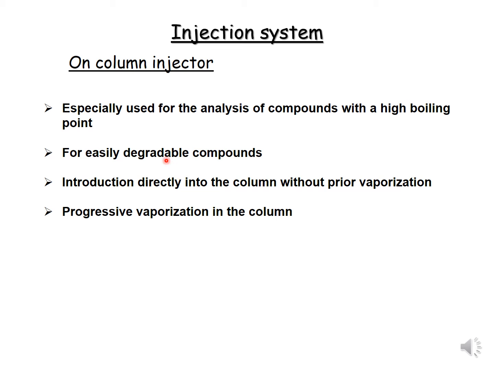In the on-column injector, you perform the vaporization directly in the column without prior vaporization. So the first step is the vaporization directly in the column, and you begin the separation.